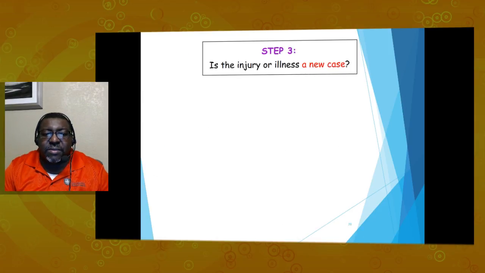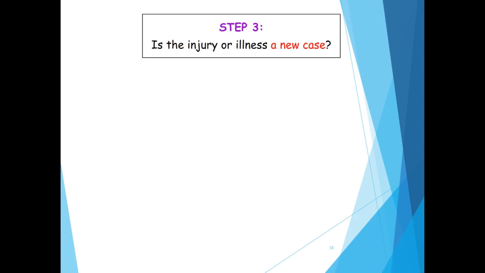So it really depends on your licensed medical provider. That's the opinion that you're looking for. If you have a recurrence of something like a rash or asthma, then yes, that is going to be a new case. The signs and symptoms of tuberculosis, silicosis, asbestosis, those are long-term chronic type diseases.